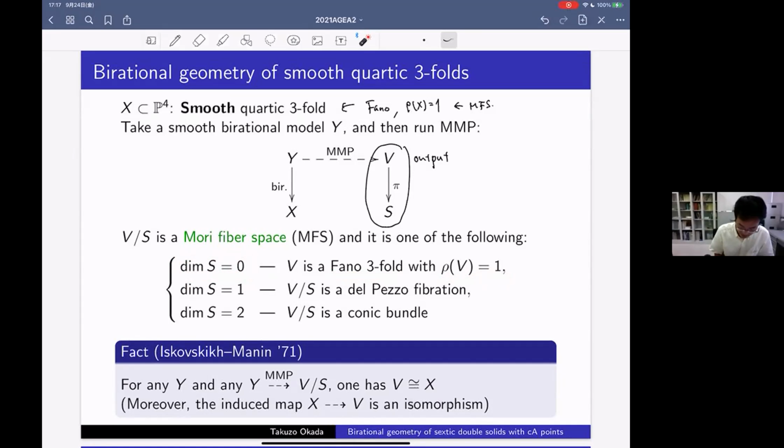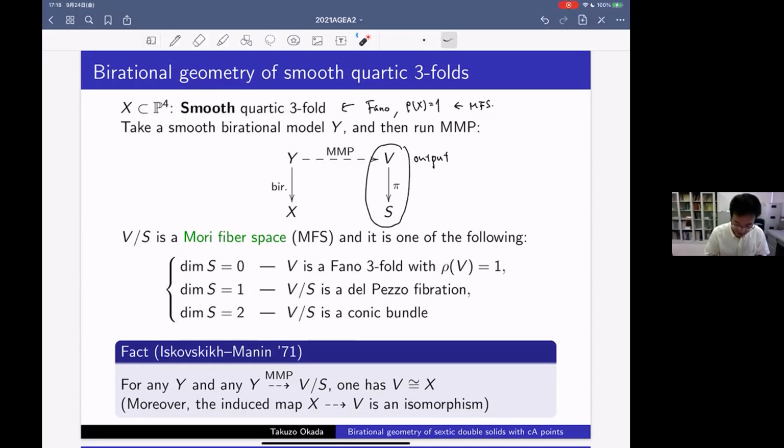If the base is a curve, then the fiber is a two-dimensional Fano variety, so it is a del Pezzo fibration. And finally, if the base is a surface, then it is a conic bundle.